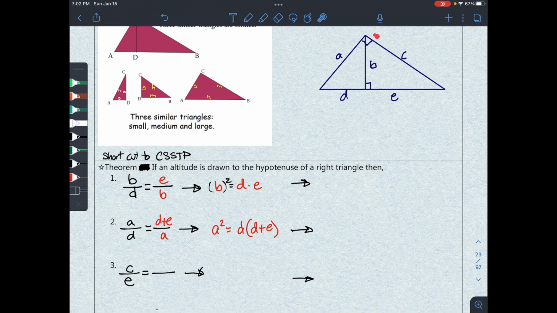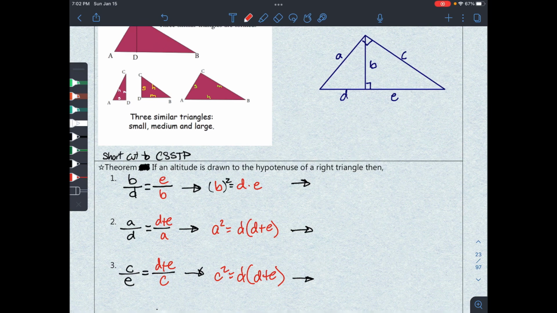And then I compare that to the hypotenuse and long leg of the big triangle. So again, I would have D plus E is to C, which means C squared is equal to D times D plus E.